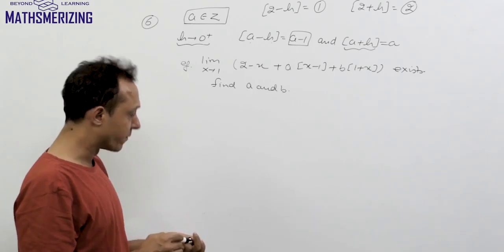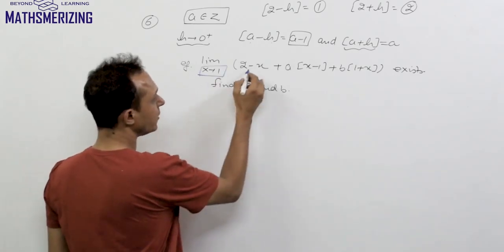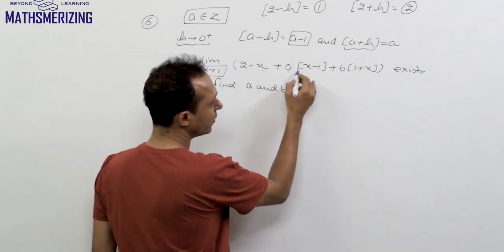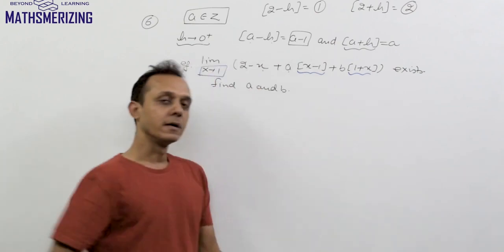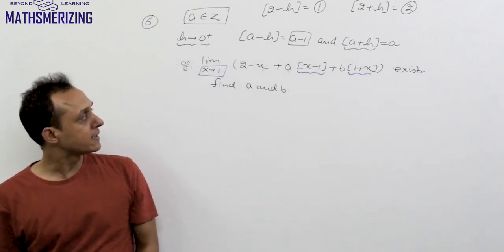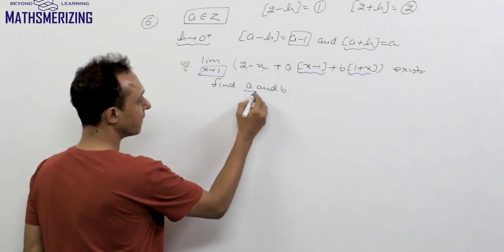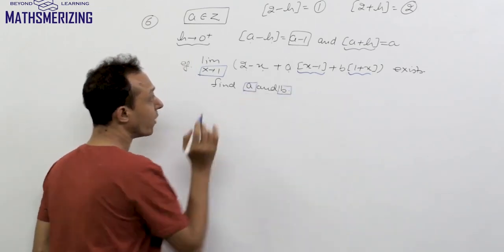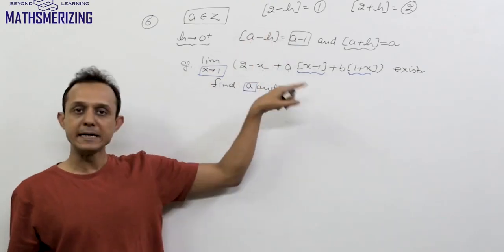Now say, for example, a question is given as limit x tends to 1 of 2 minus x plus a into the greatest integer function of x minus 1 plus b into the greatest integer function of 1 plus x. It says this limit exists, then find the values of a and b. Now what we do know is the greatest integer function is discontinuous at integral points.